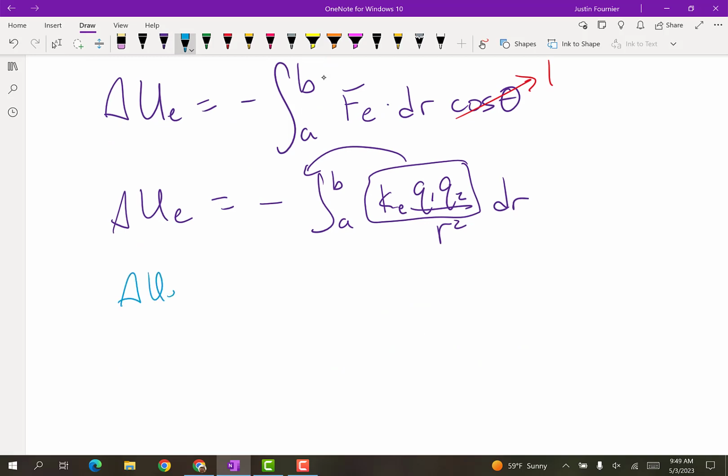The change in electric potential energy is equal to negative K_E Q1 Q2 times the integral from A to B of 1 over r squared. That's the same thing as r to the negative 2, which makes my integral easier.